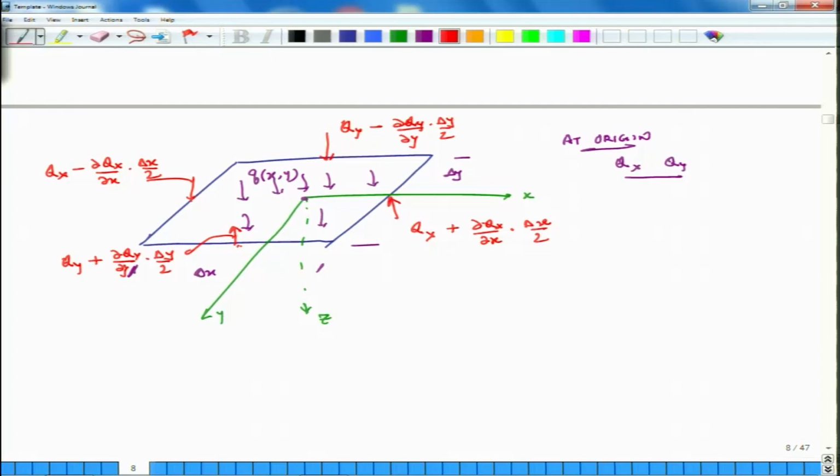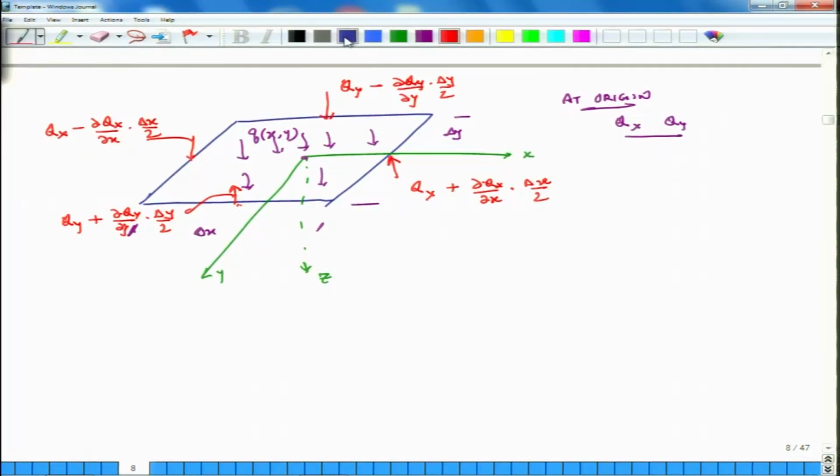Is this clear? Direction will be negative because whenever we have shears, if you have a shear here, then on the other surface shear is always like that, right. So, direction will be negative, okay.